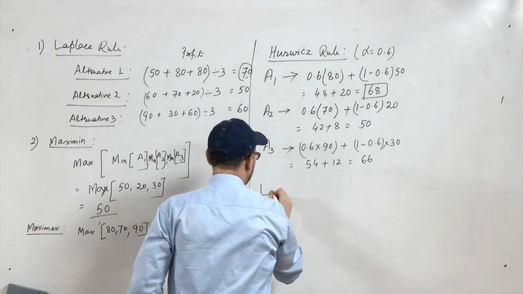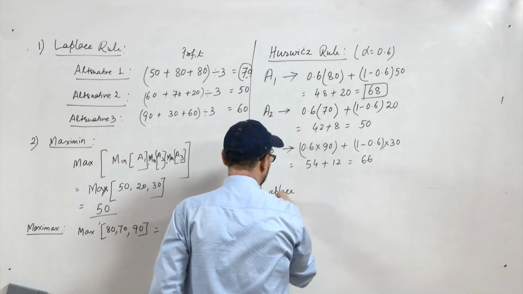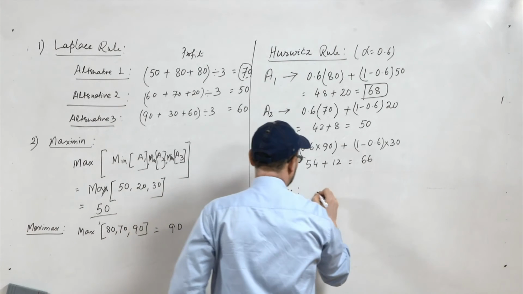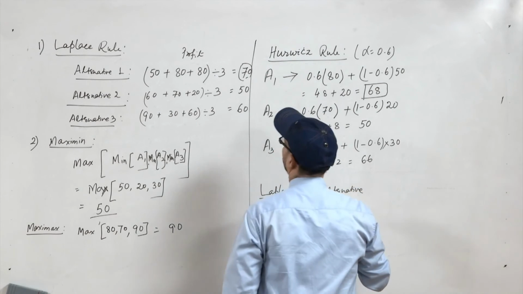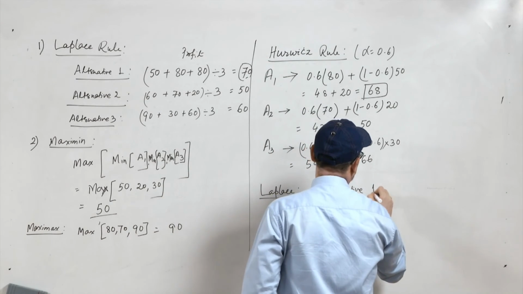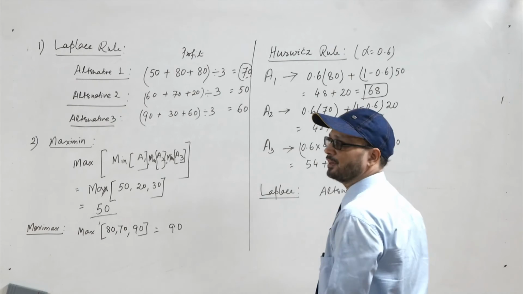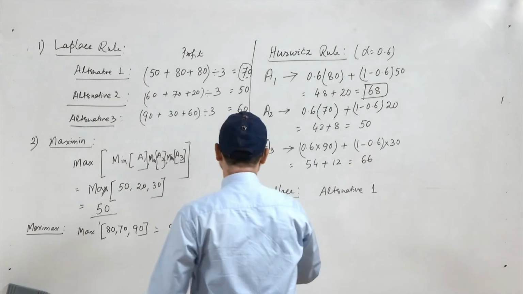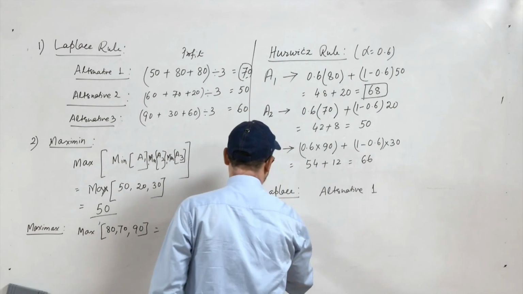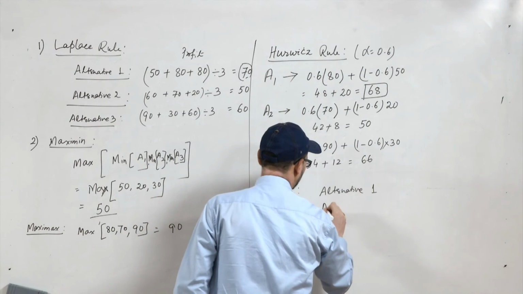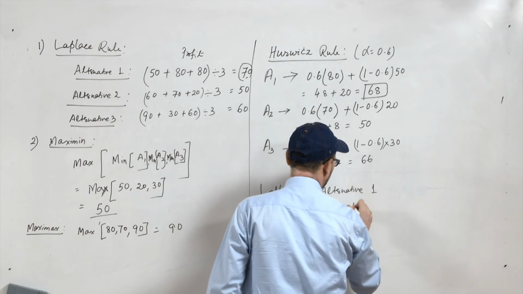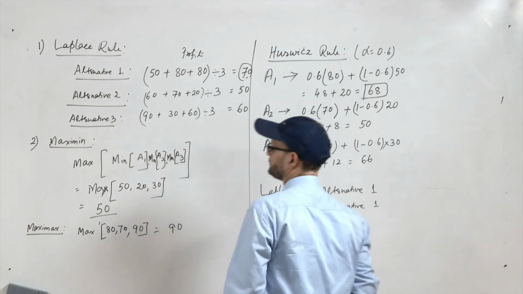So, using Laplace, alternative A1 gives you the maximum values. Maximin, alternative 1 again.